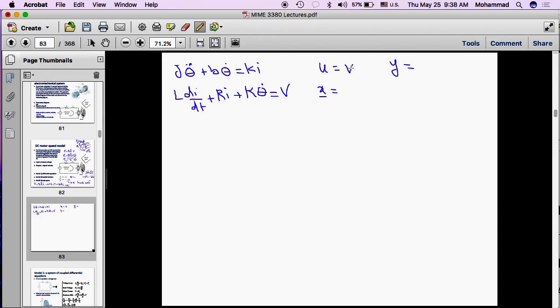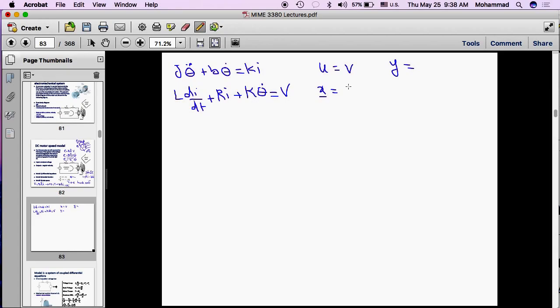So based on what the purpose of this model is, your output would be either theta or theta dot, or you can say, no, I really also need to monitor the current in the circuit. It's going to tell me how efficient my motor is. Then the current could also be that. So for now, let's keep our options open.